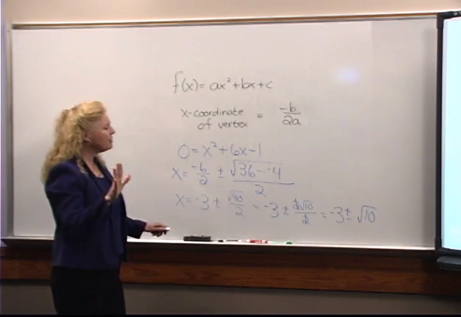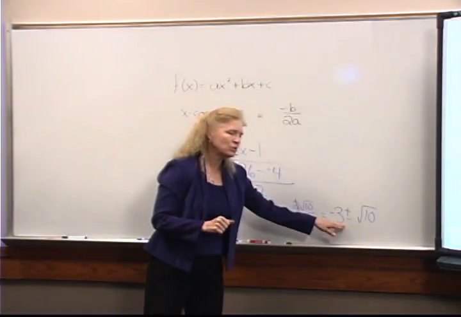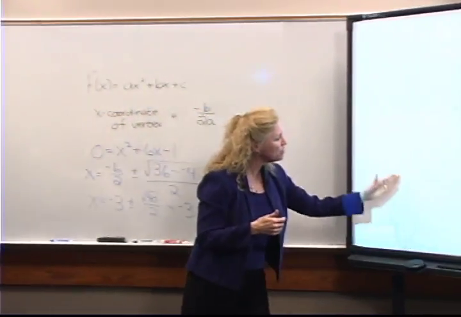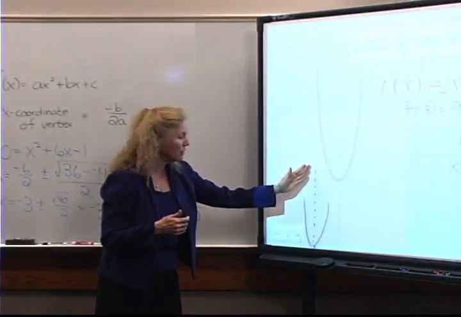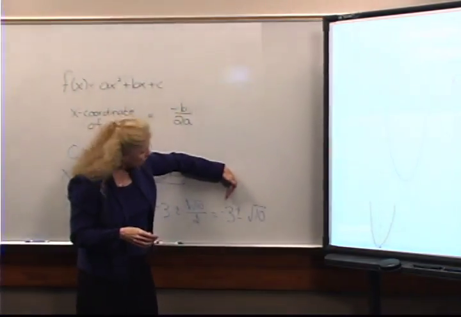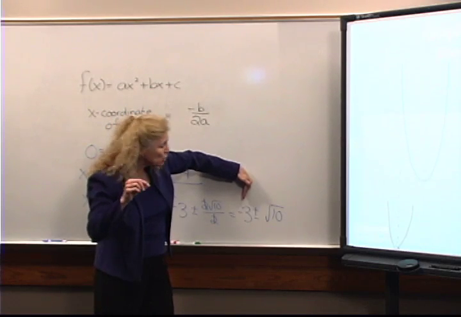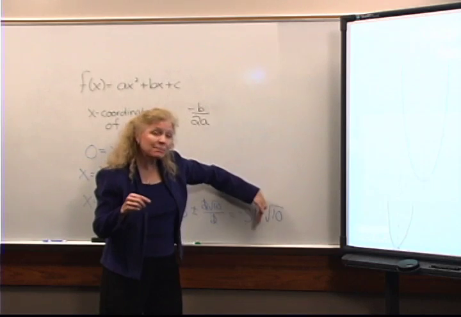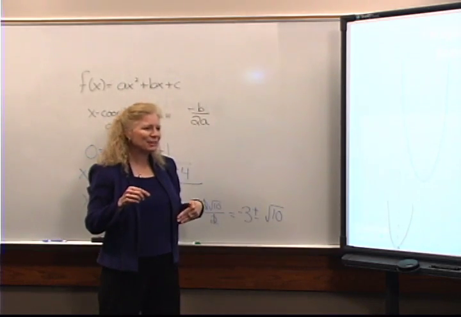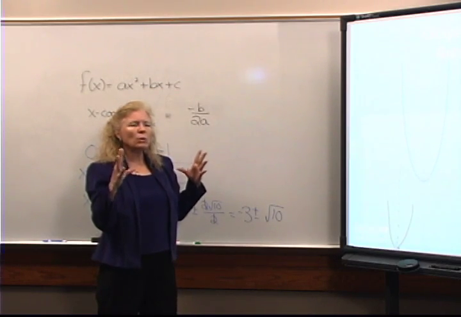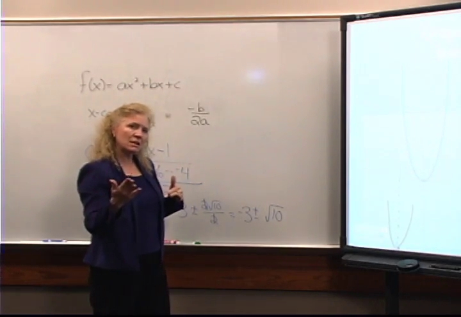And you know, I really kind of like that particular notation because we have a line of symmetry at -3, okay? And look at how cool this really is. From -3 to get to my x-intercepts, I add the square root of 10, I subtract the square root of 10. And you say, I can't deal with the square root of 10. Well, isn't that just a little bit more than 3?